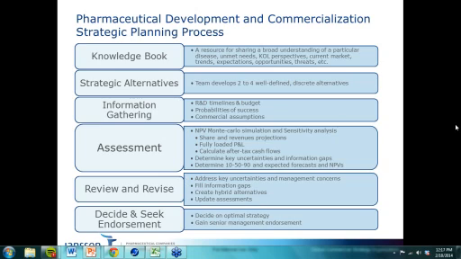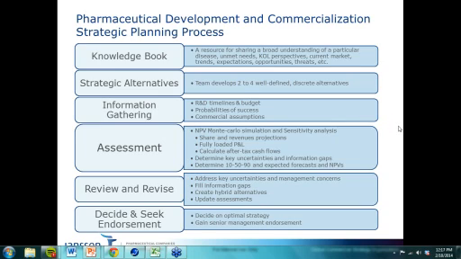Then we get our teams together, and through the course of several discussions, we narrow down our thinking and develop 2 to 4 well-defined, discrete strategic alternatives for developing a particular compound or a portfolio of drugs.